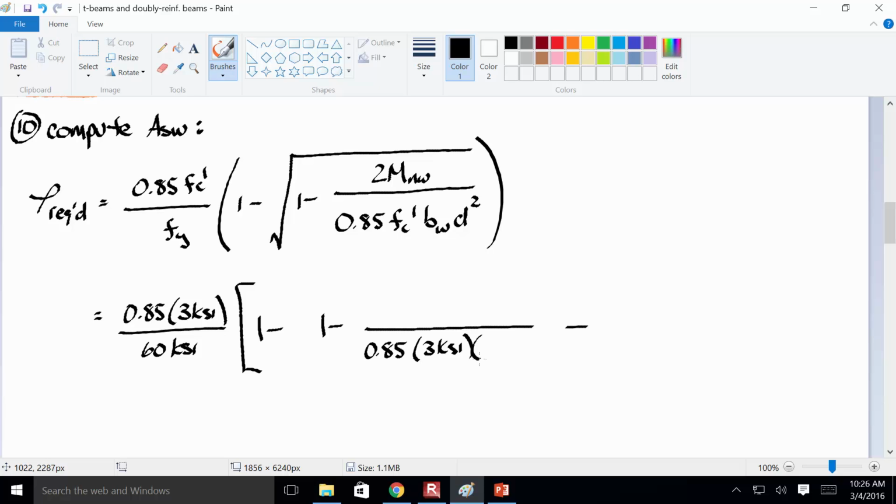B sub W is 15 inches. And this is 24 squared. MNW is 53.